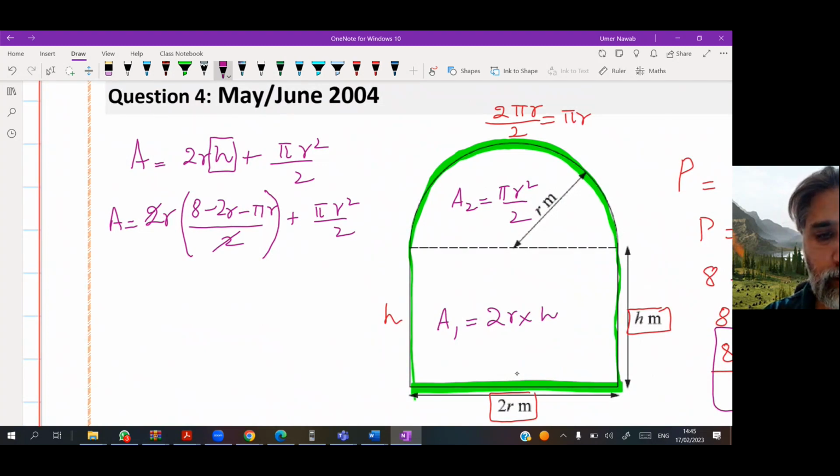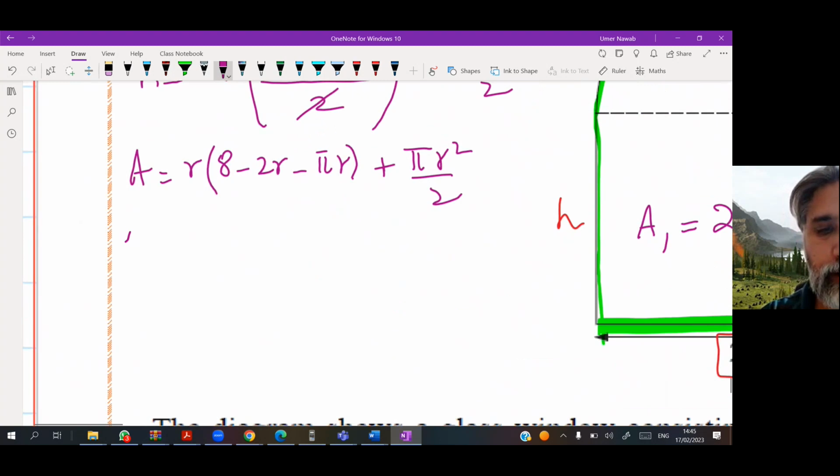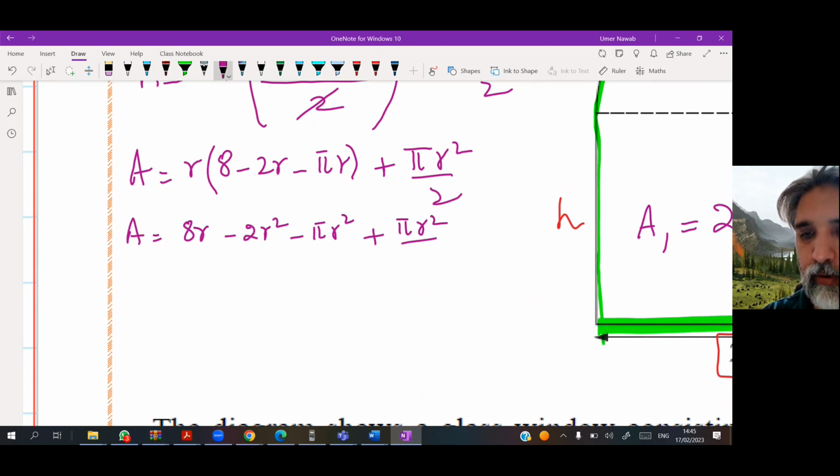Now 2 cancelled. Area is equal to r times 8 minus 2r minus pi r, plus pi r squared divided by 2. Now A is 8r minus 2r squared minus pi r squared plus pi r squared divided by 2.